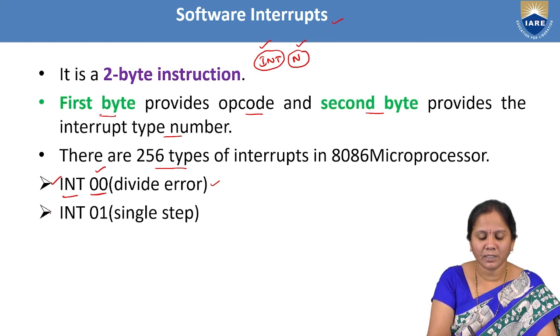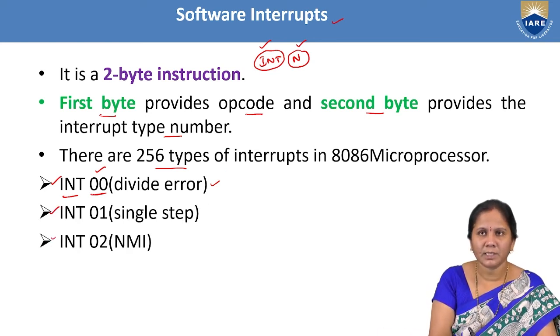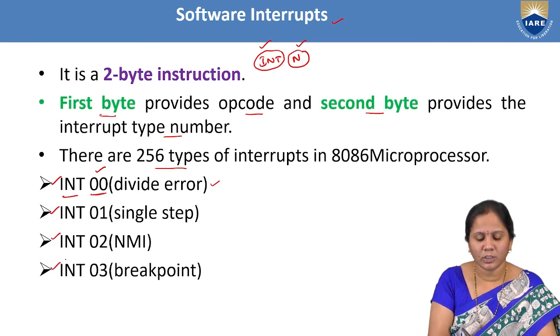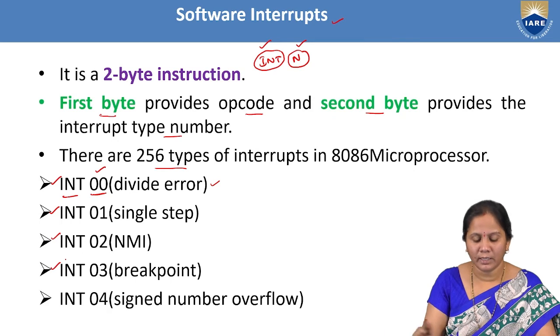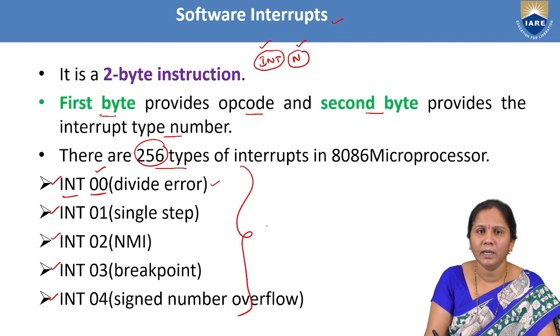And the next interrupt is INT 01. Next interrupt is INT 02. Next INT 03. And the next interrupt is INT 04. Among these 256 interrupts, we are going to learn about these 5 interrupts in detail.